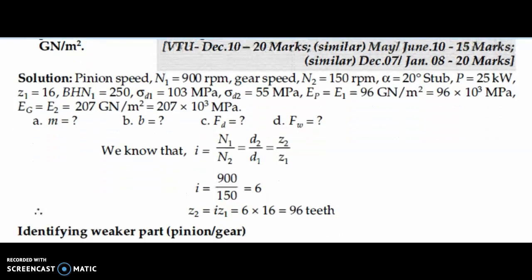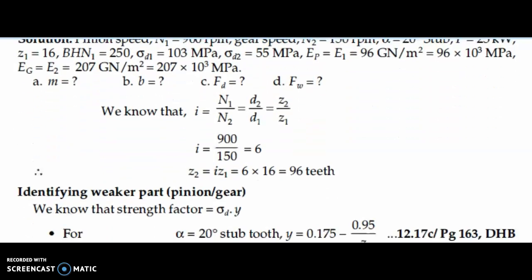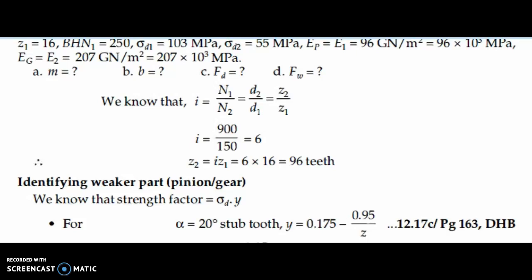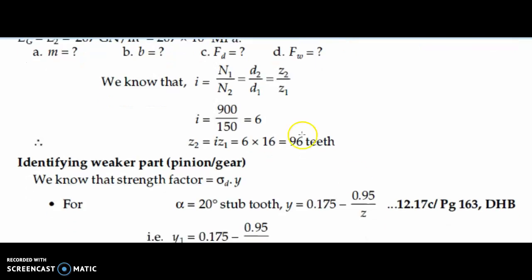The speed ratio: speed is given for both gear and pinion. So we can write i is equal to N1 divided by N2. We already know that the ratio of N1 and N2 is inversely proportional to the ratio of diameters and the ratio of number of teeth, so D2 divided by D1 is equal to Z2 divided by Z1.